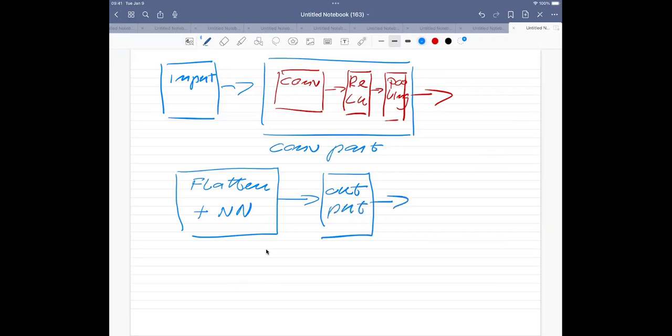The output is then fed into your cost function or loss function. So cost, loss. And then it's compared with your data. So these are the target values you want to compare with. This is the basic structure of a convolutional neural network.